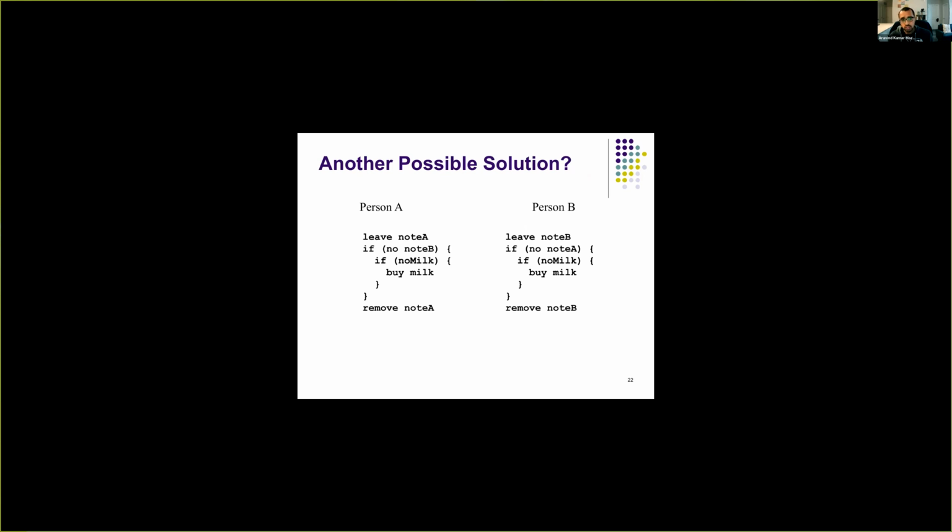So another possible solution is as shown on the screen. Let's use two different notes, note A and note B. Note A belongs to person A, note B belongs to person B, or rather two different processes, where note A belongs to process A, and note B belongs to process B. Here, when process A executes, it leaves note A, and then it checks if there is no note from B. If there is no note from B, and if there is no milk, then it will buy the milk.